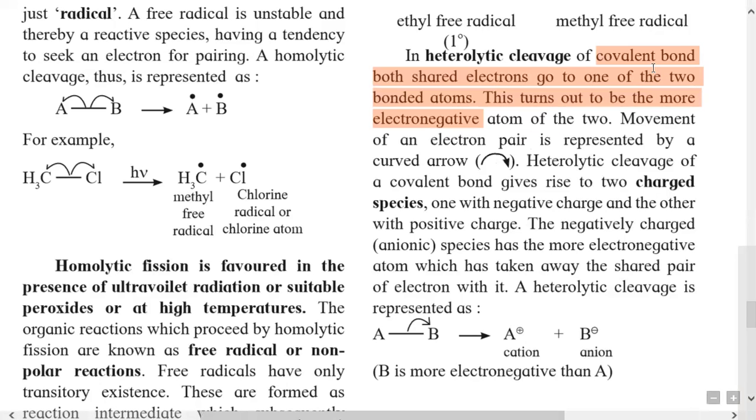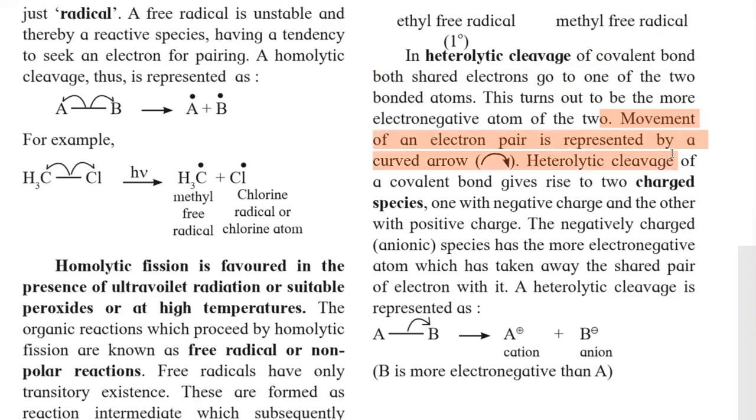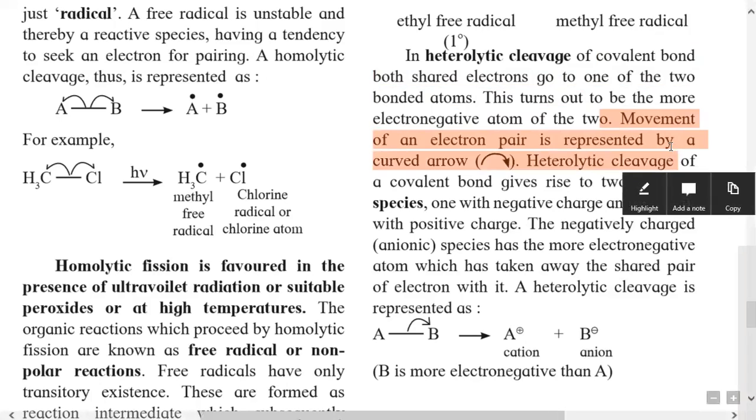The movement of this electron pair is represented by a curved arrow. Here the complete arrow is shown. In homolytic, only a single headed or half curved arrow is used. Here the complete curved arrow is shown in heterolytic fission.